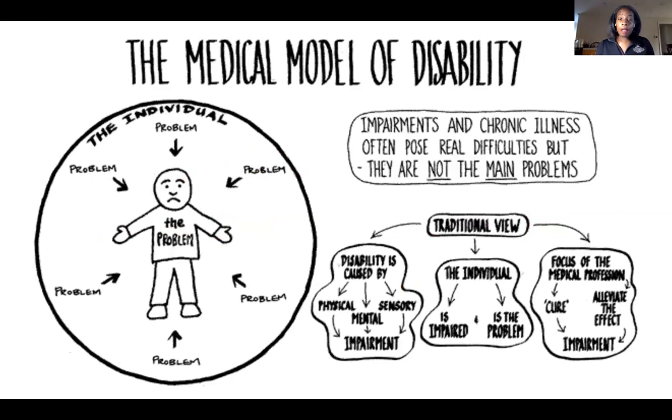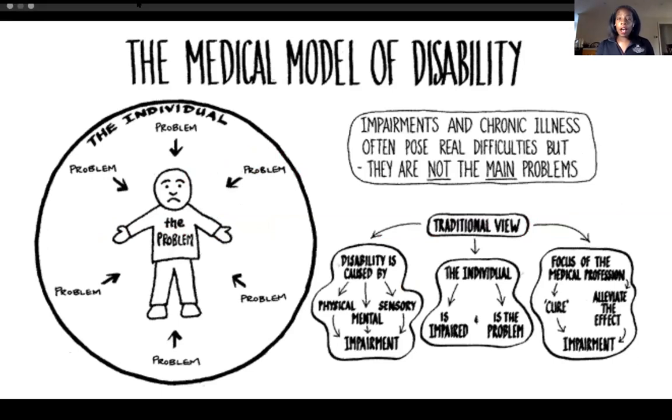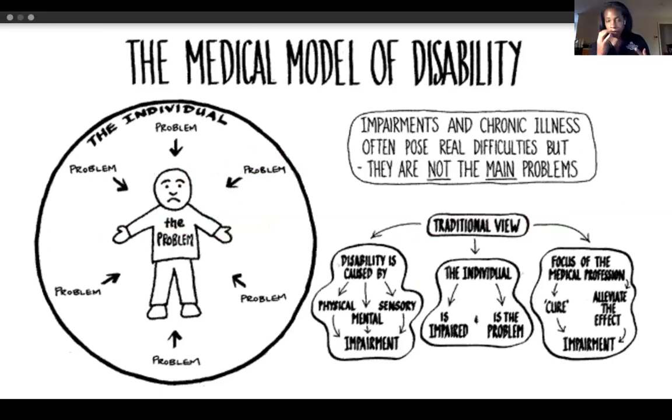And so I will just briefly touch on really two models of disability that you want to be aware of. The first one is the medical model of disability. And that is really an older model of disability that our office, we partner in a collective effort to disrupt and dismantle. And so the medical model of disability, it really focuses on the individual and the medical community.